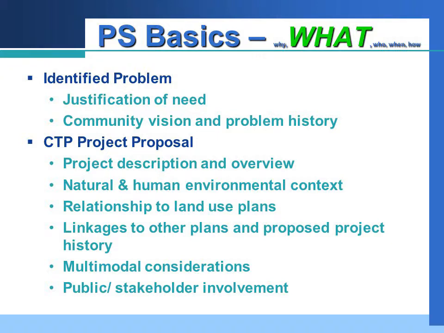This section includes information about the environmental context based on the GIS-based environmental screening that is done during long-range planning. The relationship of the proposed project to local land use plans is described. Linkages to other plans and nearby projects is documented. Other modes recommended to be included in the corridor and interactions or intersections with other modal facilities or plans are described. And specific information on public involvement related to a given project proposal is provided.